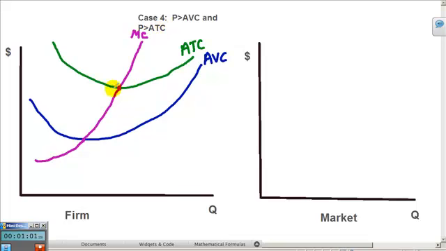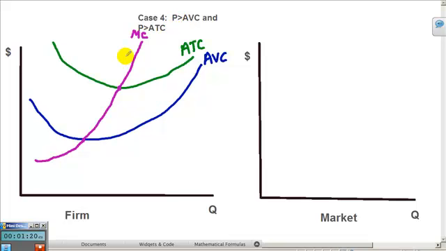That means we're going to have a best output, because we evaluate these things at the output that the firm would produce, their best level. And remember, where's the best level? It's that level where marginal revenue equals marginal cost.